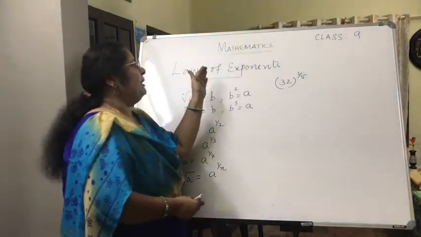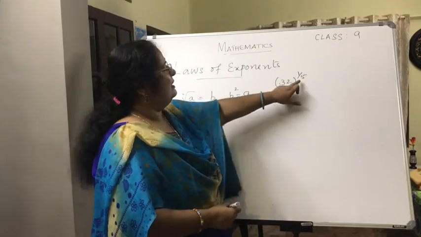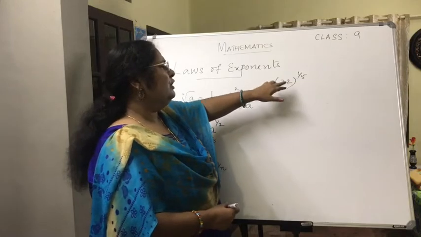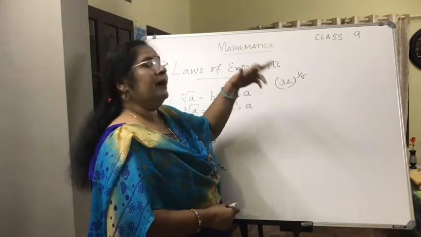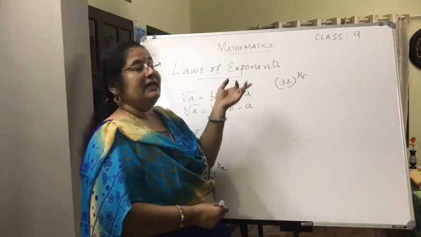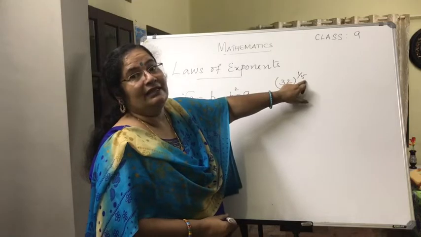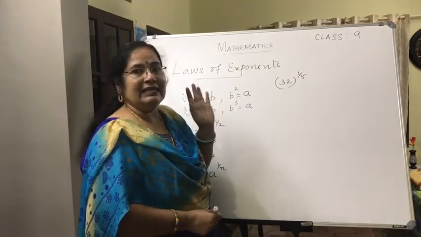So here we will be applying the laws of exponents. See the denominator here, 5. If you convert this 32 in terms of a power in such a way that the power will be the same as this denominator, then what will happen? That power and this denominator will get cancelled.